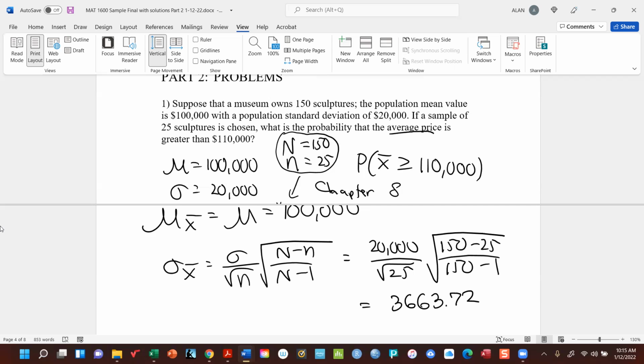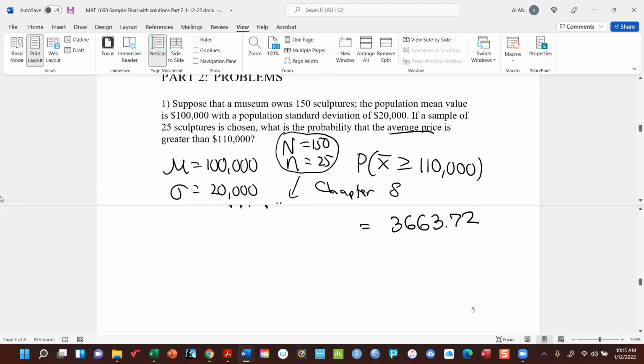The probabilities won't be affected that much, especially because when we use the tables, we're engaging in a fair amount of rounding anyway. If you need the exact, and I mean the exact values, then you need to use a software program like Excel. But for the most part, any inaccuracies that we introduce here will be very minimal by rounding. So we'll use 3663.72 as our standard error.